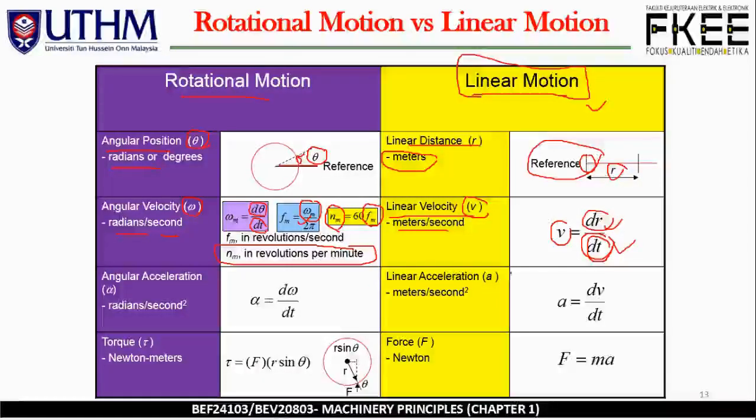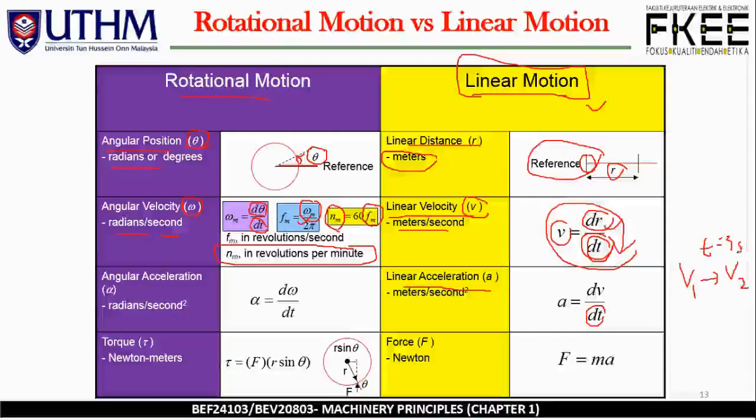What about the linear acceleration? We can derive from the above equation for the linear velocity that it changes over time, dt. So we have v1 to v2, the speed or velocity change over a time of, for example, 3 seconds.